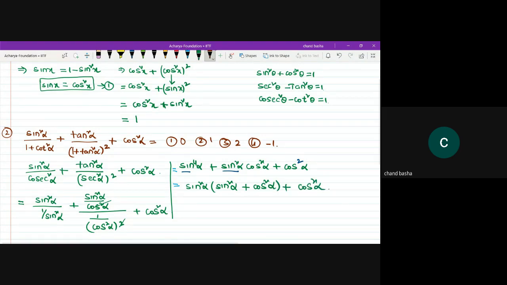What is meant by sine square alpha plus cos square alpha? It is equal to 1. So 1 into sine square alpha plus cos square alpha, that is also 1 only. That means your answer is the second option.